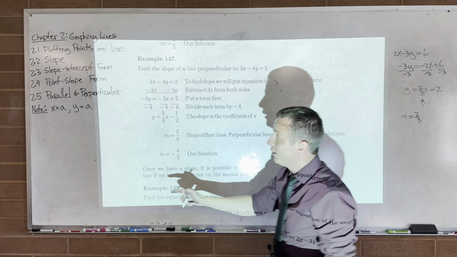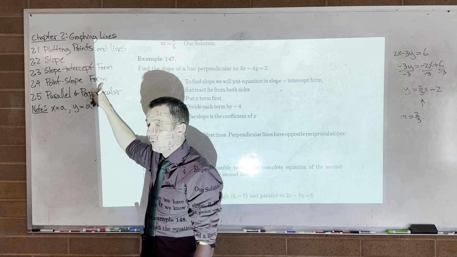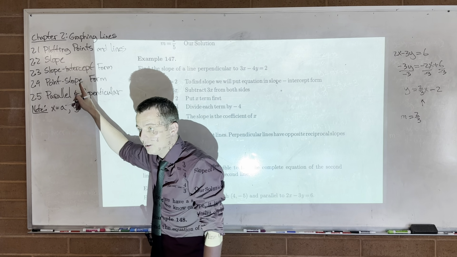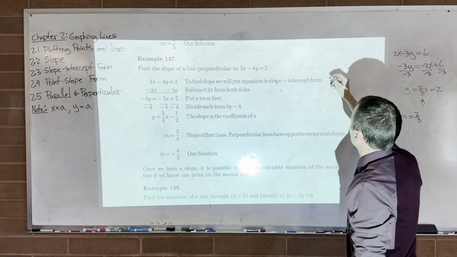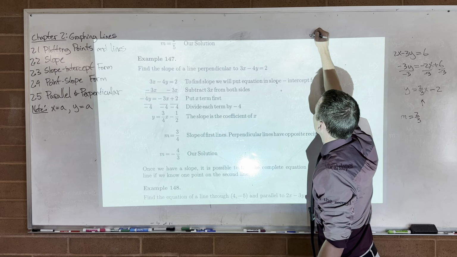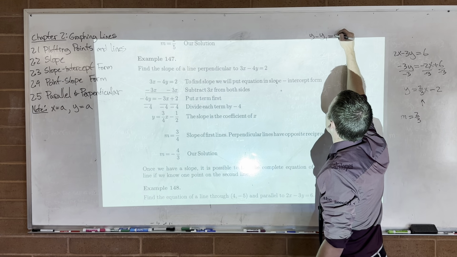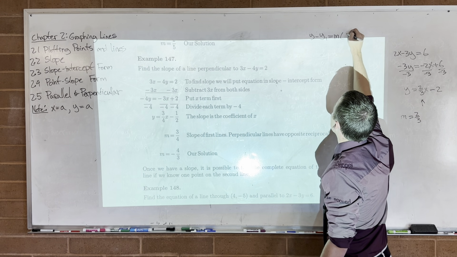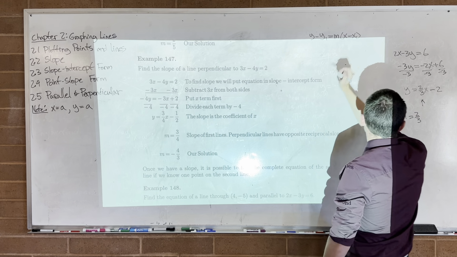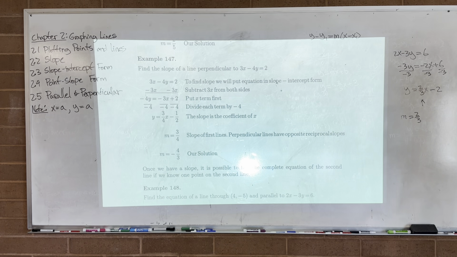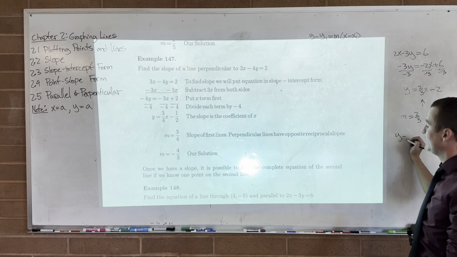So we're going to use the point-slope form, the form that takes a point and a slope. The point-slope form is, what is it? y minus y1 equals m times (x minus x1). Excellent. Okay, so now let's plug it in. So y minus, what's our y1?